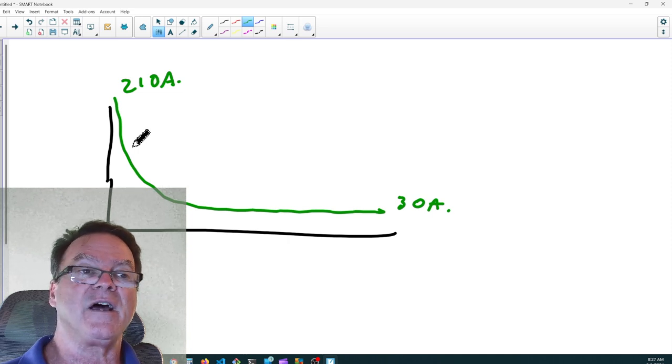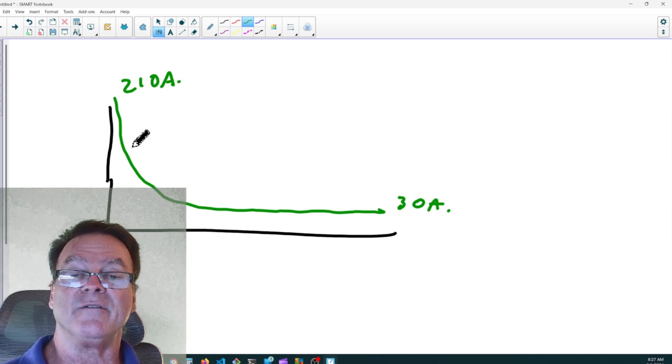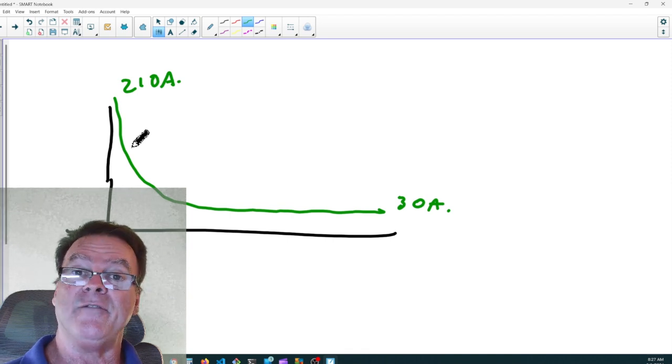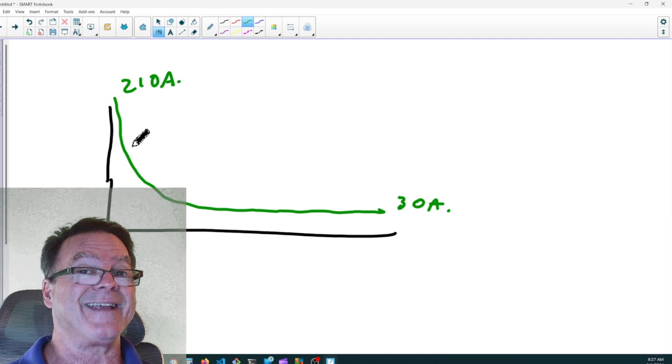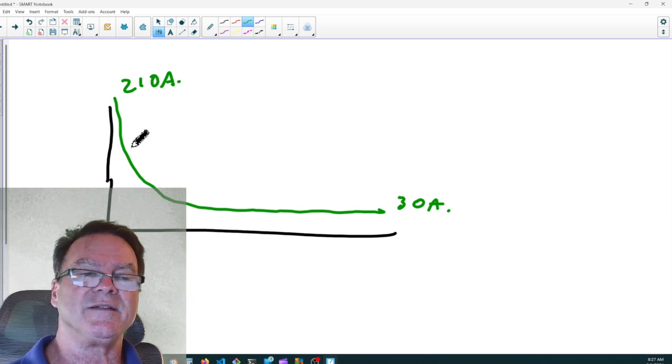It'll allow 5 times the current rating of the breaker to last for 30 seconds. If we put 5,000 amps on it, it'll trip right away. It's an inverse time relationship. The higher the fault current, the faster that circuit breaker will trip. So that's what we use for starting motors.